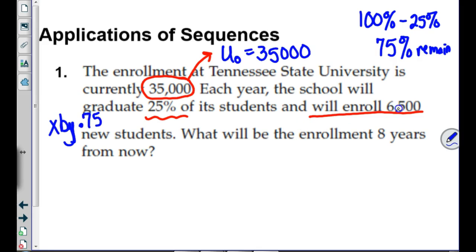Now, then they're going to enroll some new students in the fall, right? So they're going to add 6,500. So can anybody come up with a recursive formula? We can do U sub 0 equals 35,000.